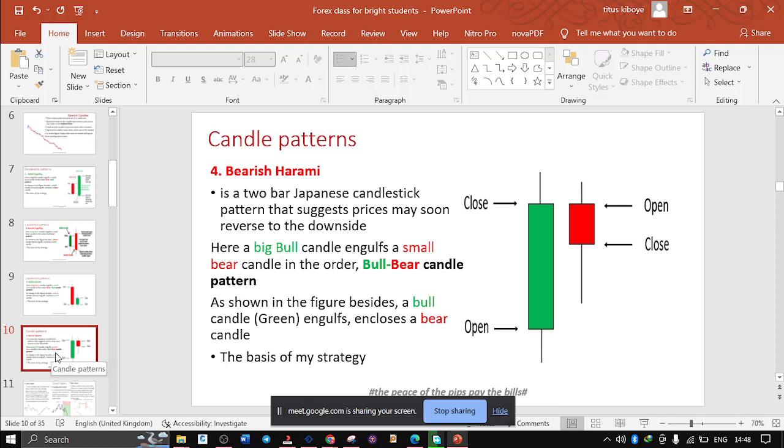Now, have you seen a bearish harami? Okay. Bearish harami. We continue.